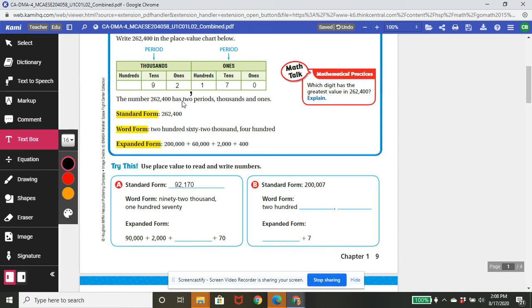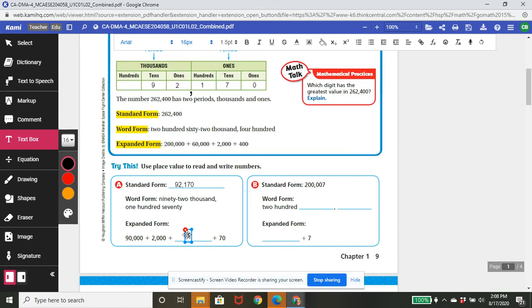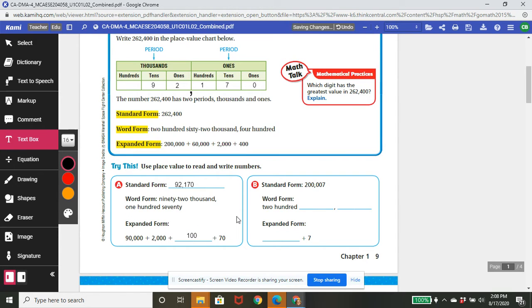They put a 2,000 for the 2 in the thousands place. The next column has a 1 in the hundreds place. So I'm going to write a 1 and then a 0 here and a 0 here. So I'll be writing 100. And then they put a 70 for the 7 in the tens place. And that's the number in expanded form.